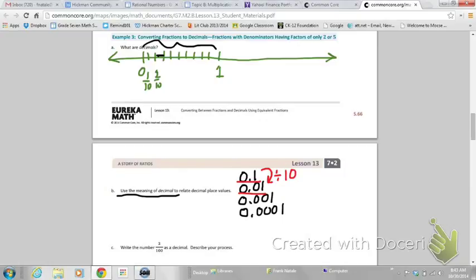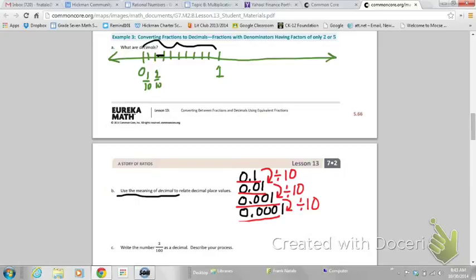As we move down, we are always dividing by 10. Each subsequent place value in terms of decimals is always a power of 10.